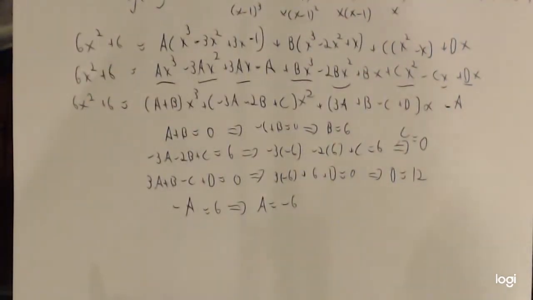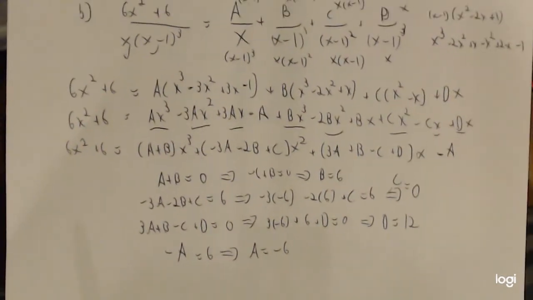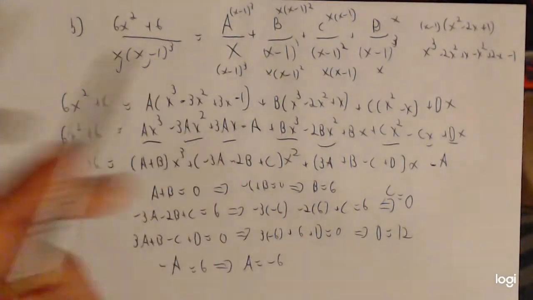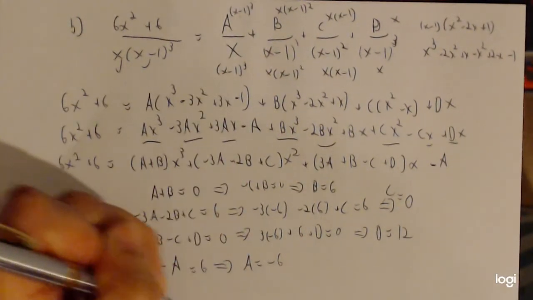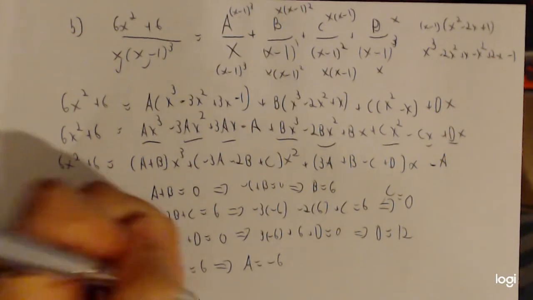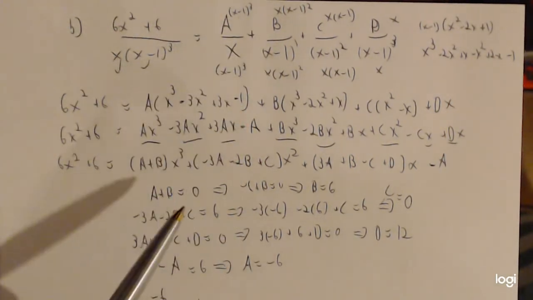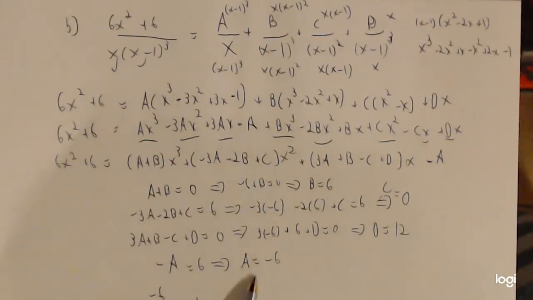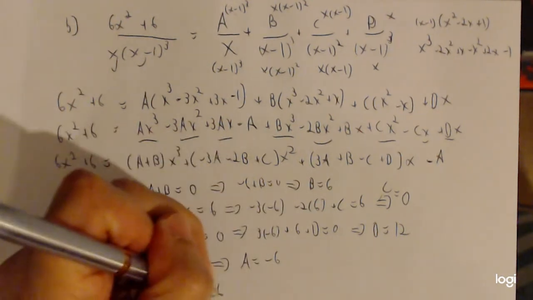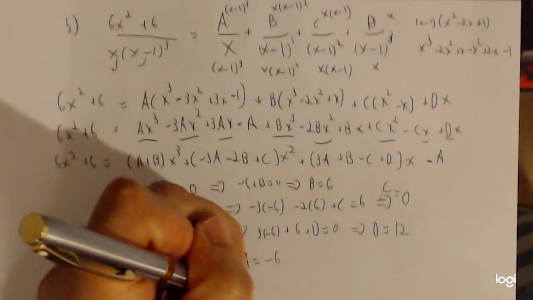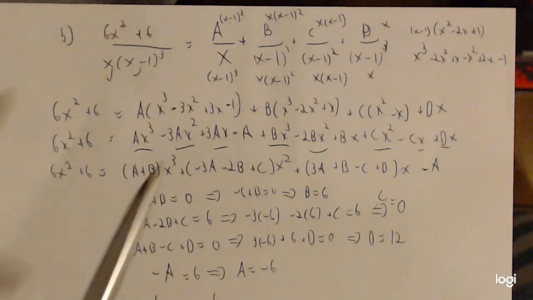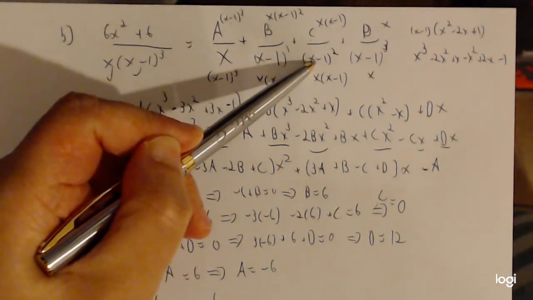Now look at what happened here. My partial fractions are what? A over x. So what's a? A is negative 6 over x plus b over x minus 1, which what is b? B we found to be 6, so it'll be 6 over x minus 1 plus, now look at what happens here. We had c over x minus 1 squared, didn't we? But what's c?